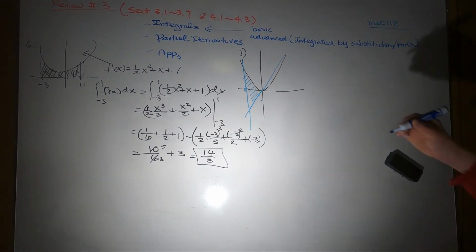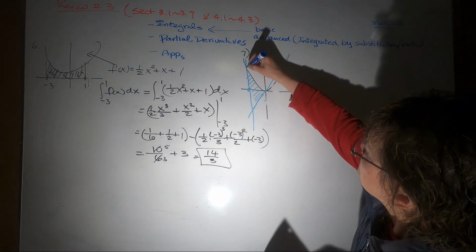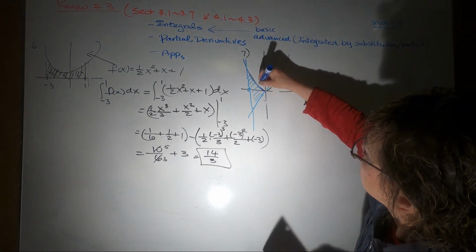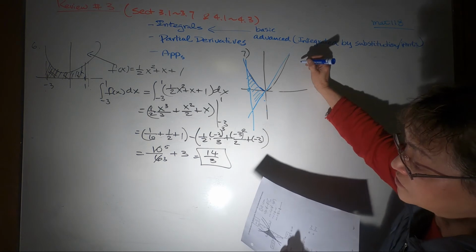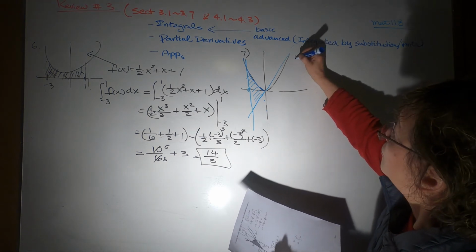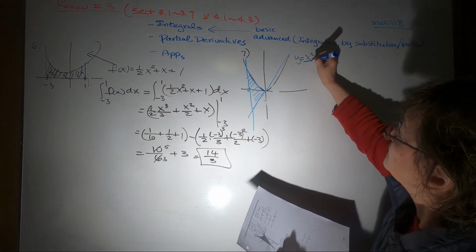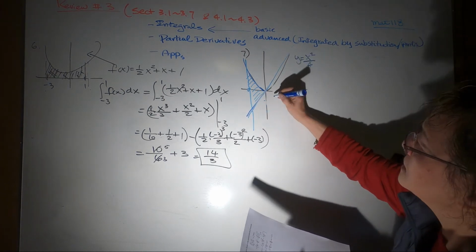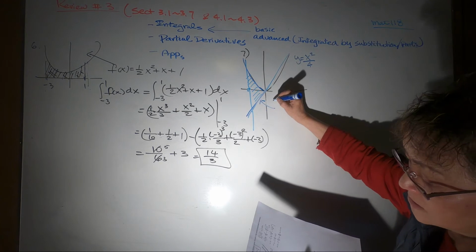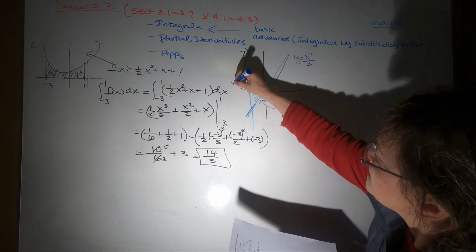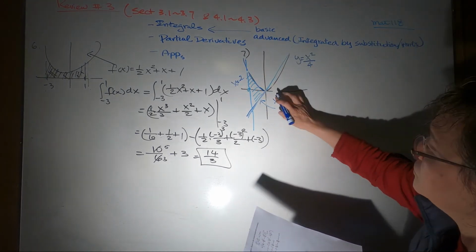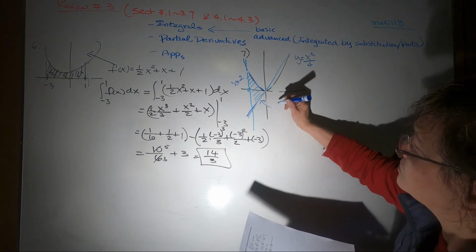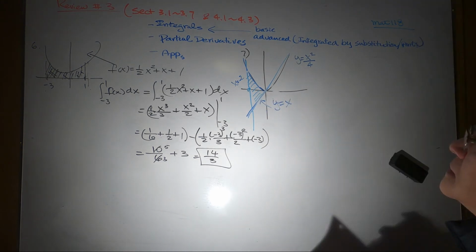Right? One is this one. So the function is what? y equals x squared divided by 4. And another one is this one, right? So this equation is what? This one is x equals -2. Then this equation is what? y equals x.